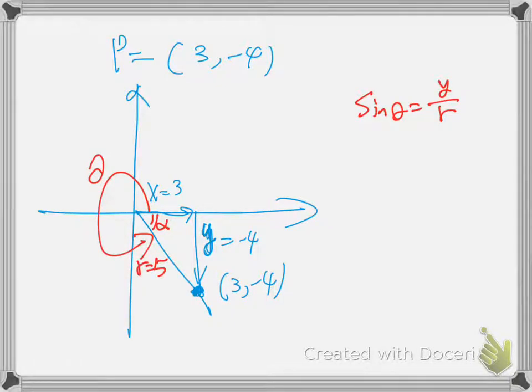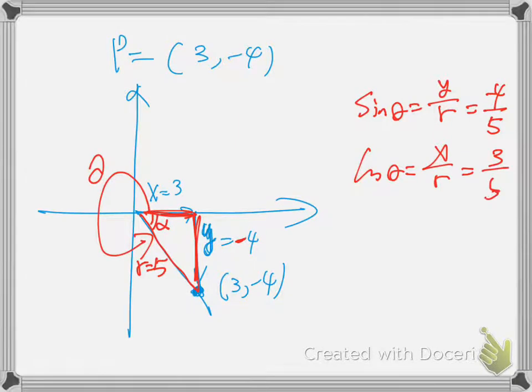The negative sign just means we go down 4 units. So the length here is 4, the length here is 3, so the hypotenuse is 5. So we get negative 4 over 5. Cosine theta is x over r, so this is 3 over 5, positive, and the tangent is negative 4 over 3. So let's write down the definition: tangent is y over x.